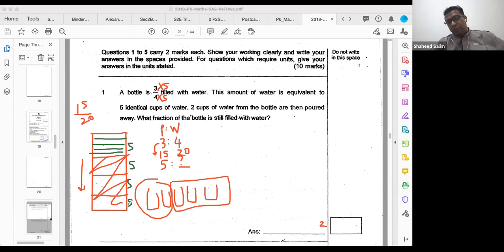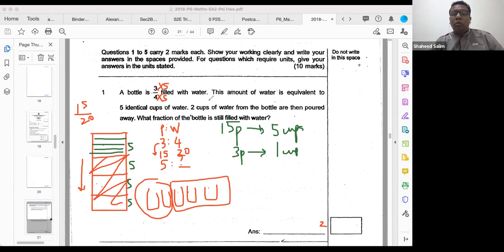So 15 parts can fill up 5 cups. 1 cup is how many parts? I divide by 5, I get 3 parts. One cup is actually 3 parts, the green line, 3 parts.